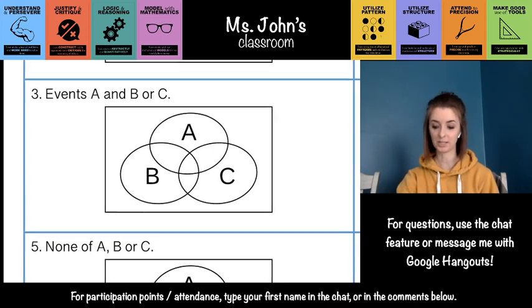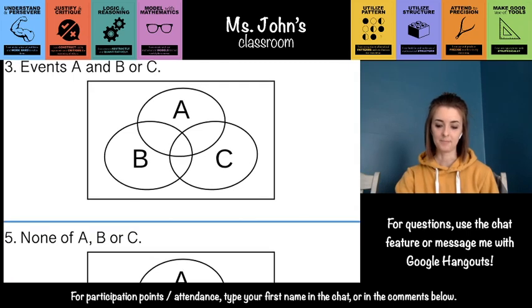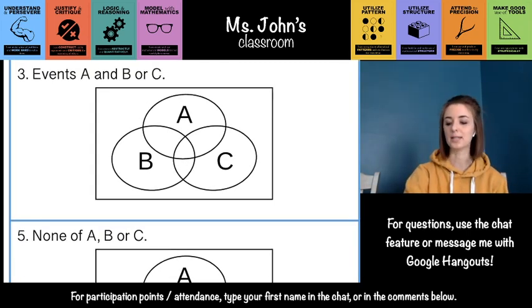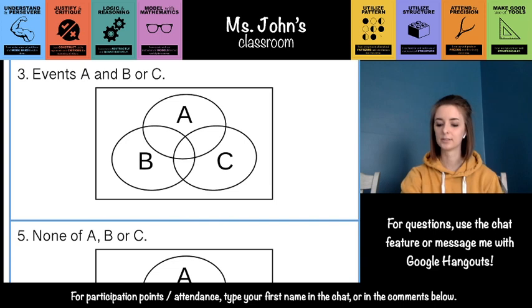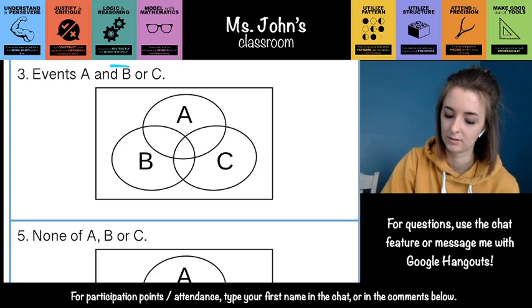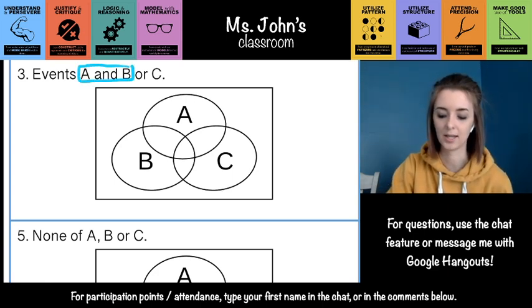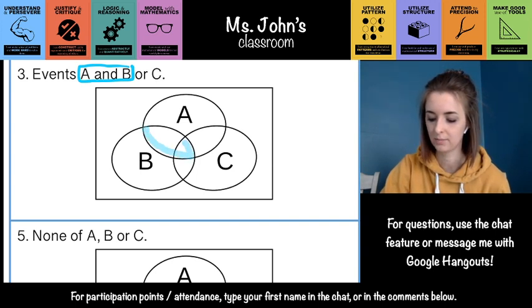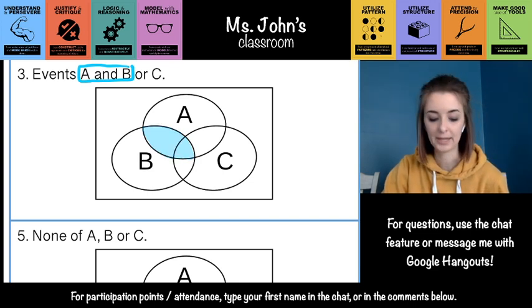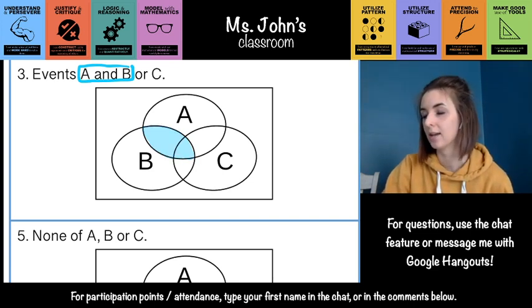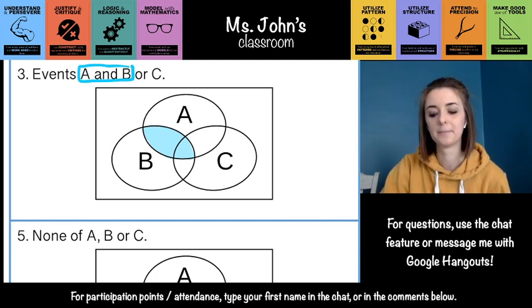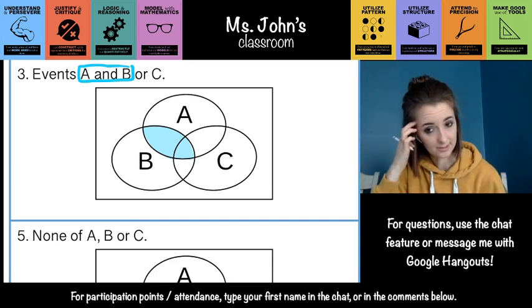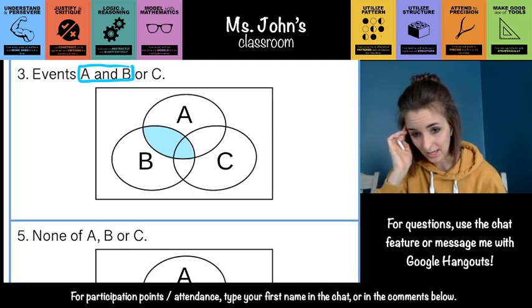So something interesting. Events A and B or C. First of all, A and B is this almond shape. Both of them are happening. But then it says or C, and or means that it's good if C happens, right? And it's also good if A and B happen.